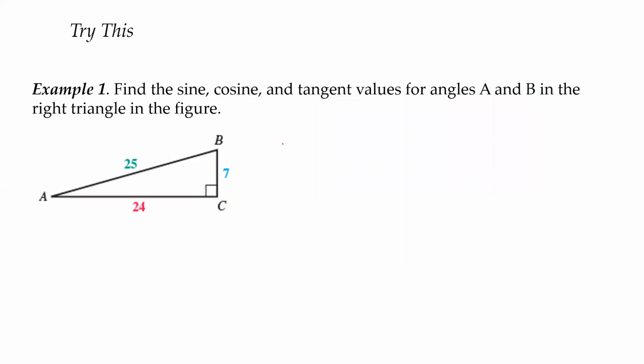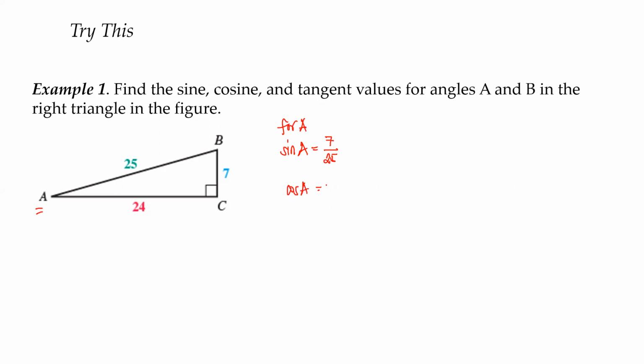And knowing that, let us do example one. Find the sine, cosine, and tangent values for angles A and B in the right triangle. So this is our A. We start with A. Sine A, by definition, is opposite to A divided by the hypotenuse. So that is 7 over 25.